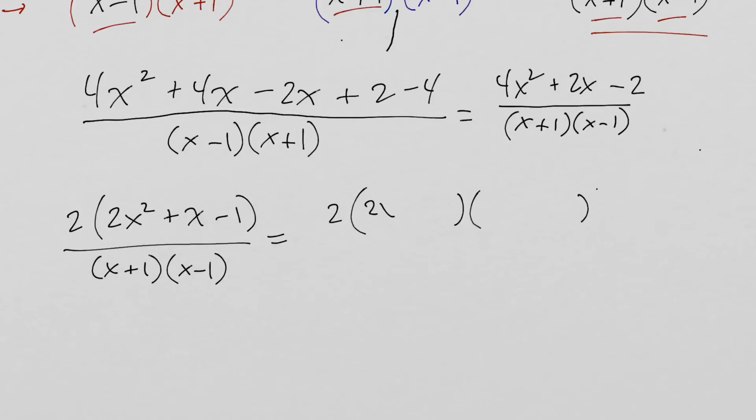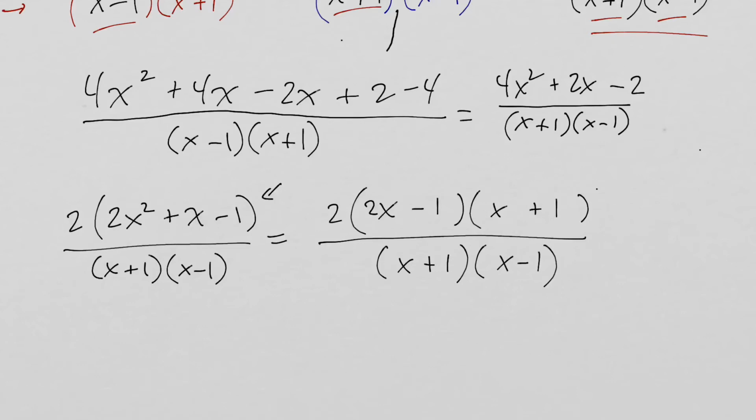This is a 2x and an x, and it must be a plus 1 minus 1 here, and that'll equal that. So finally, the x plus 1's cancel. And your final answer is going to be 2 times 2x minus 1 over x minus 1.